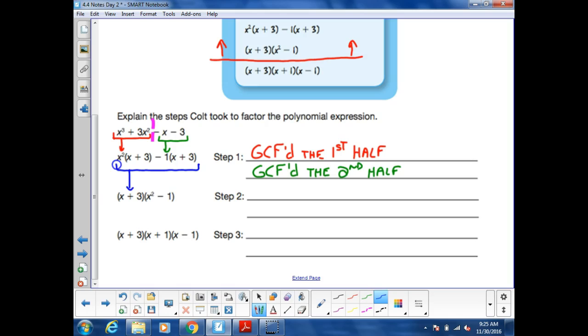Okay, so I think he did the x plus 3 times the GCF because he has x squared and -1. He did not do the x plus 3 times the GCFs. Okay, wait. Should I put it a different way?